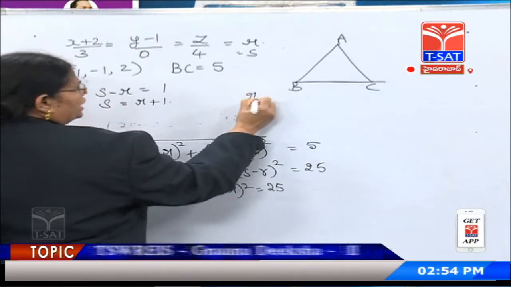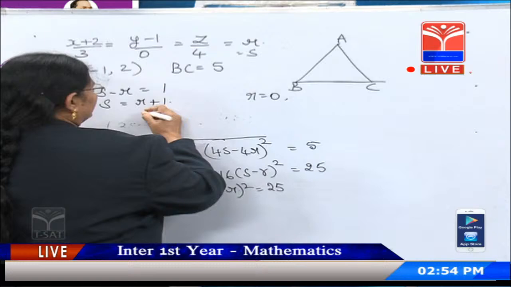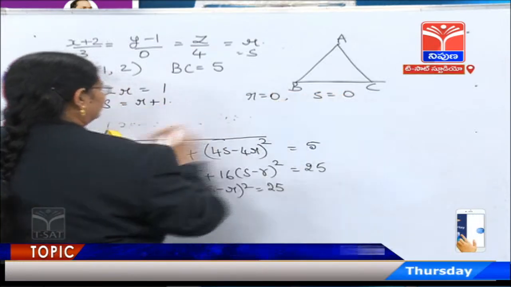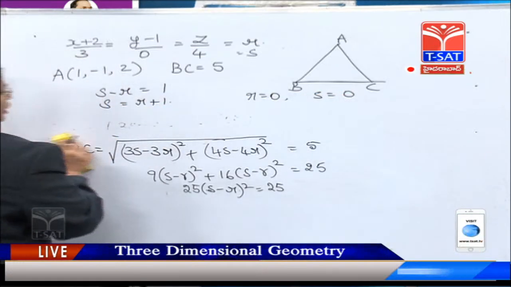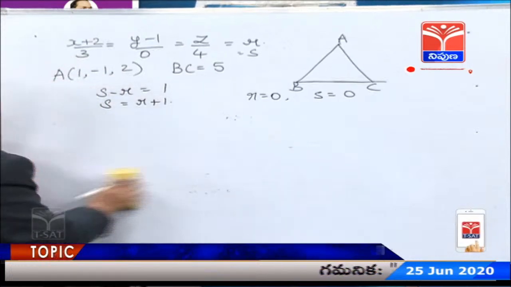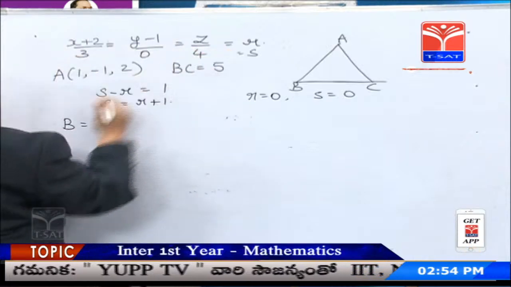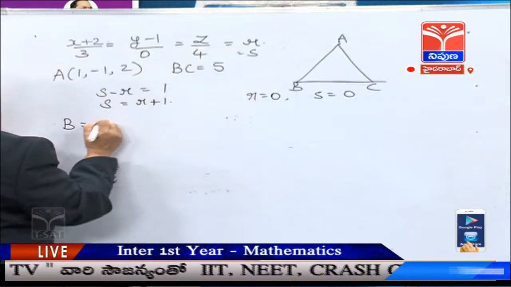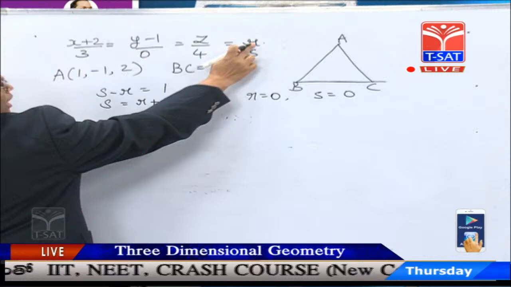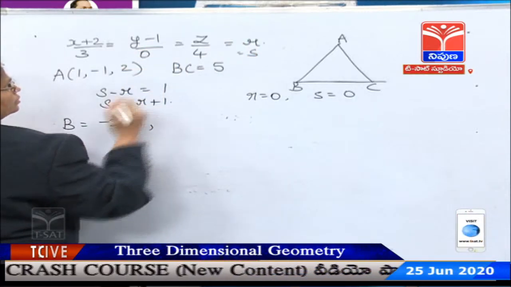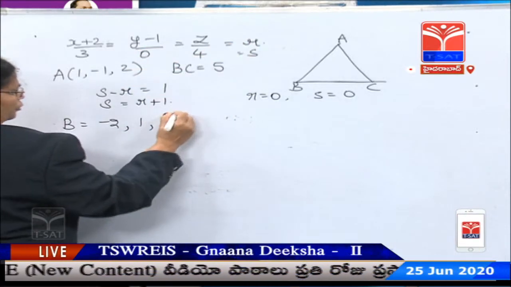So, if I take r equal to 0, s will be equal to 1. So, the points will be: B point will be 3r minus 2, so it is 0 minus 2, r is 0, so it is 1, 4r, so it is 0.